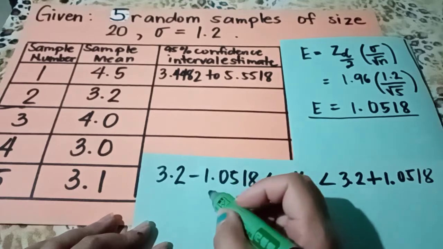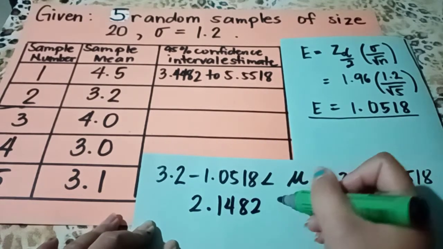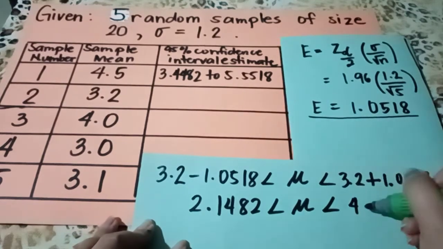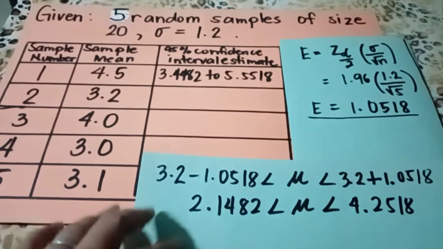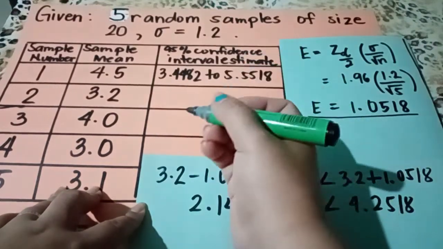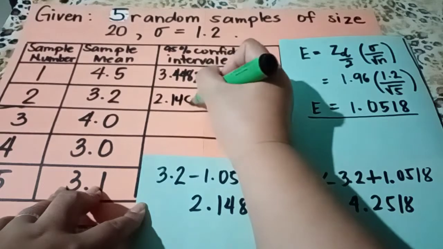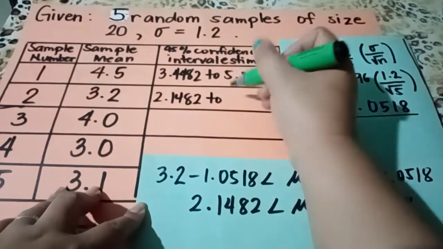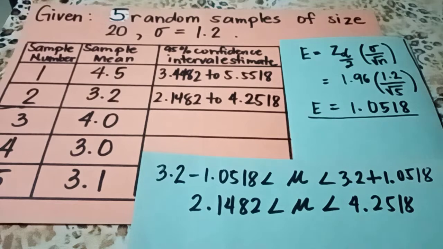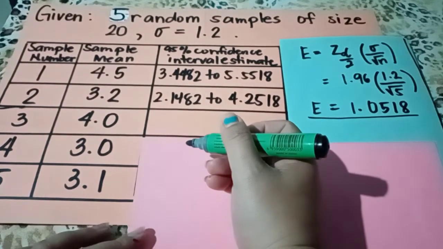So 3.2 minus 1.0518 is 2.1482, and 3.2 plus 1.0518 is 4.2518. Therefore, if your sample mean is 3.2, your 95% confidence interval estimate is from 2.1482 up to 4.2518, okay?